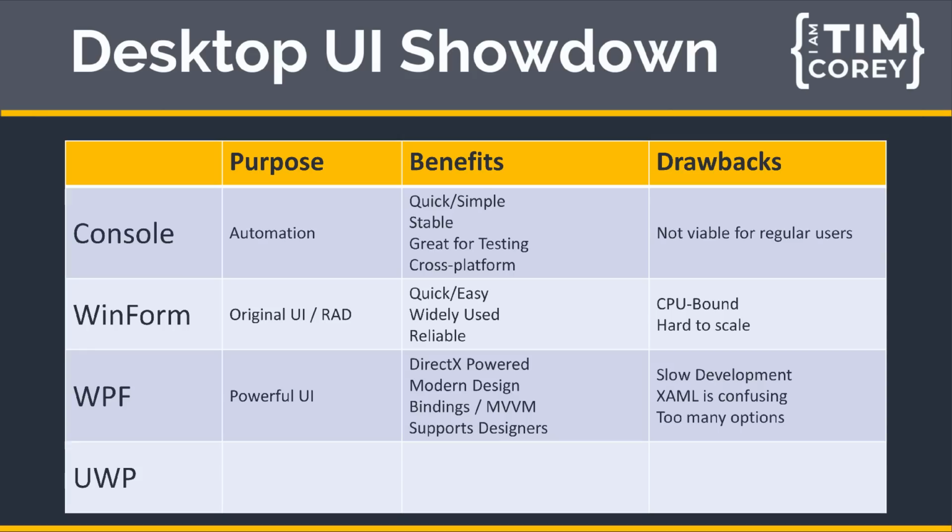You've got to balance these scales. When they tipped towards that modern design with all the support for designers and separation and all the rest, they put all that effort over there, which tipped the scales against rapid application development. And so it slows down your development when you're building a WPF application.